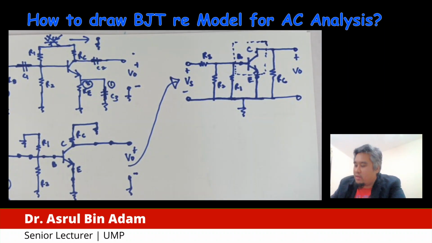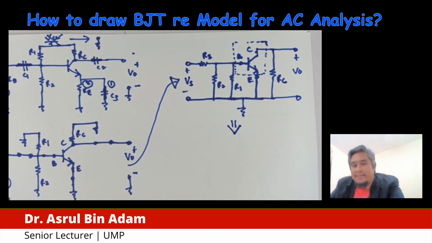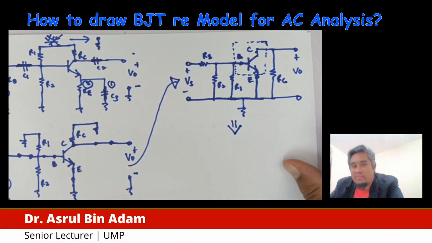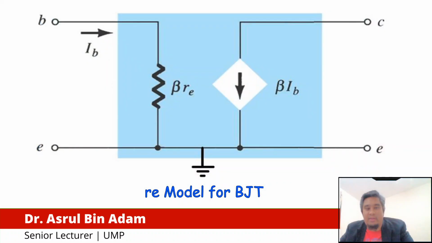Now we are going to convert this circuit into the RE model. First thing, you have to remember what the RE model is. Let's see the previous slide. This is the RE model.